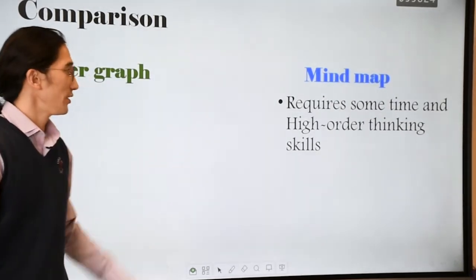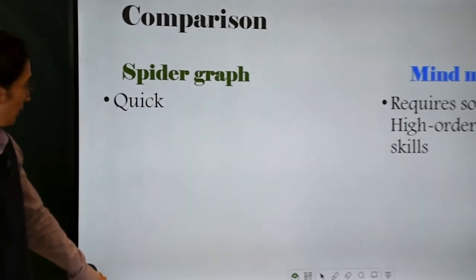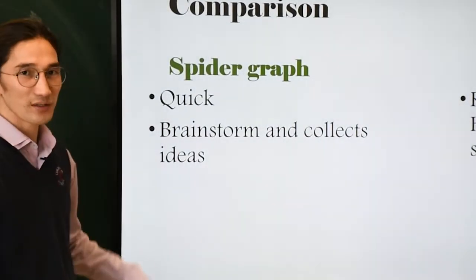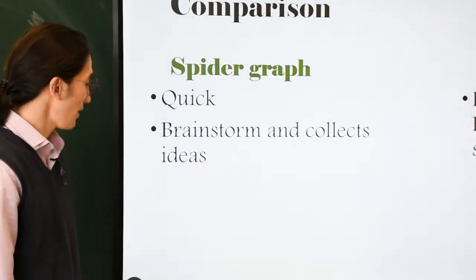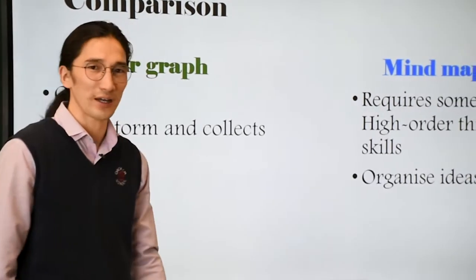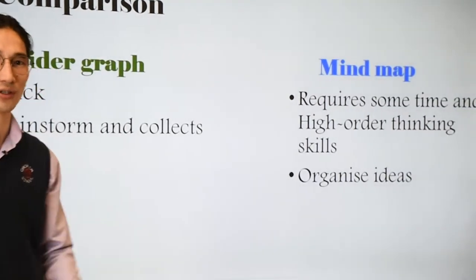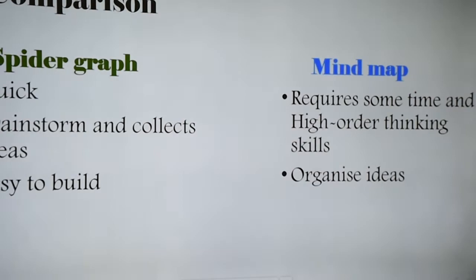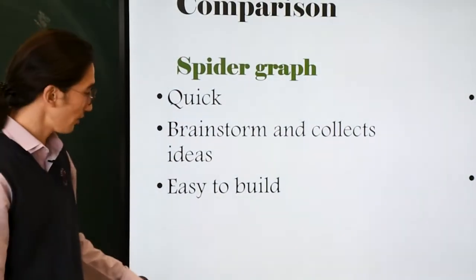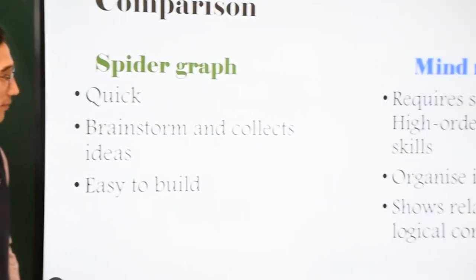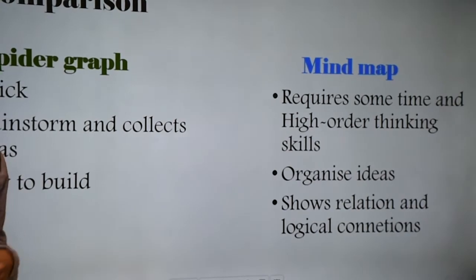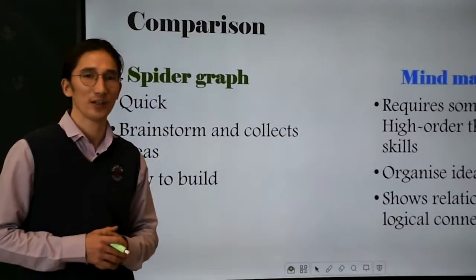So it requires higher order thinking skills. A spider graph is only based on brainstorming or collecting ideas, but a mind map is dedicated to organizing ideas to show logical connections. A spider graph is easy to build, but a mind map shows relations, so you need lots of arrows and links to show this information.